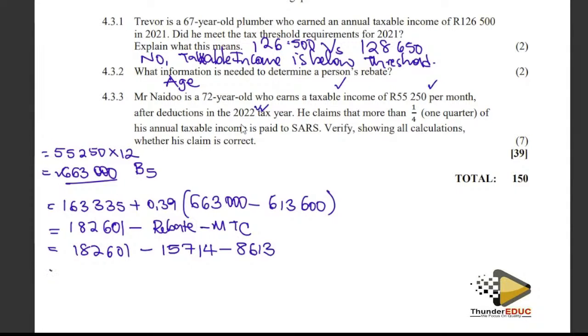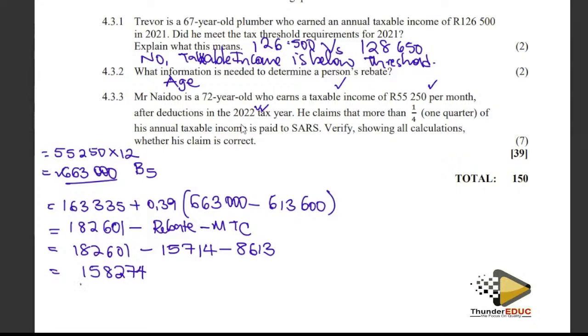So this is the money that he pays annually in tax. We are looking for monthly because he said a quarter of his annual taxable income is paid to SARS. Oh, it's fine.